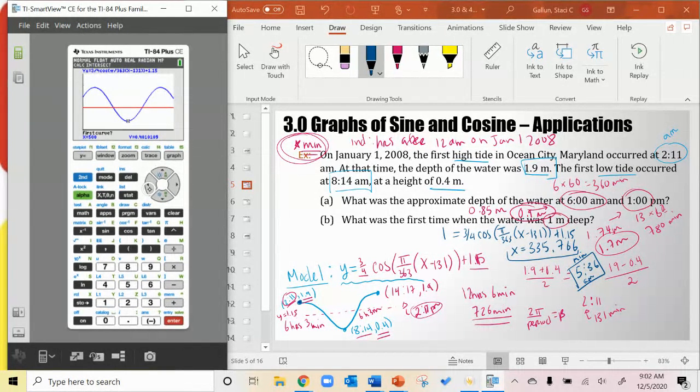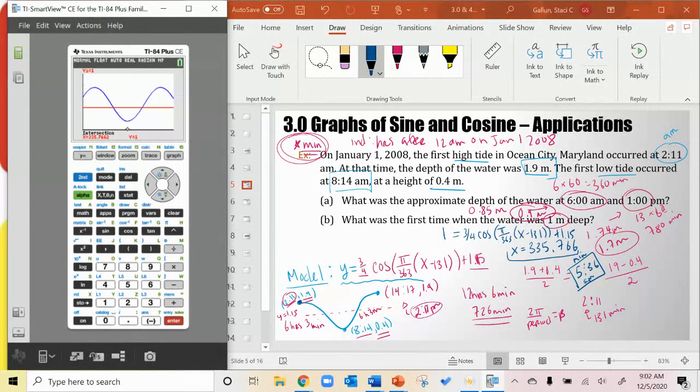Right? I can get my cursor over that point of intersection, and I could calculate it or find it. So the point of intersection is 335.662. Isn't that what I said? And then we can convert, that's minutes. I converted it to an actual time.